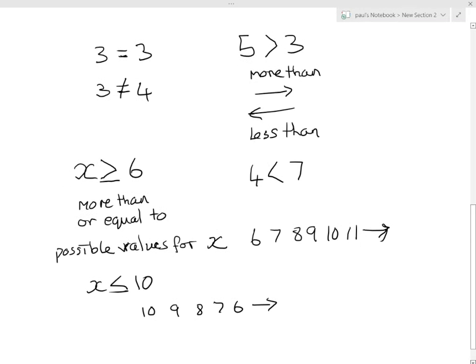Now, we have another kind of number line here, and we're going to marry up the expressions to the number line. So let's have a look at a number line. So we're just going to do 0, 1, 2, 3, -1, -2, and -3. Now, you will be given an expression and asked to represent the expression on this number line.